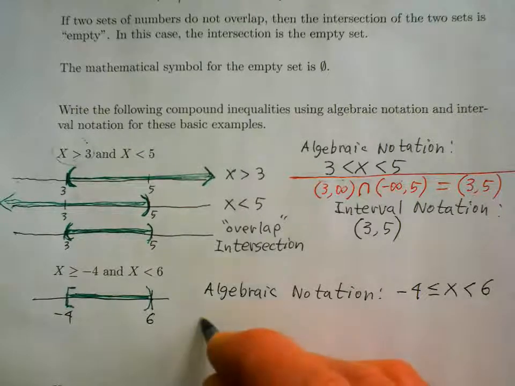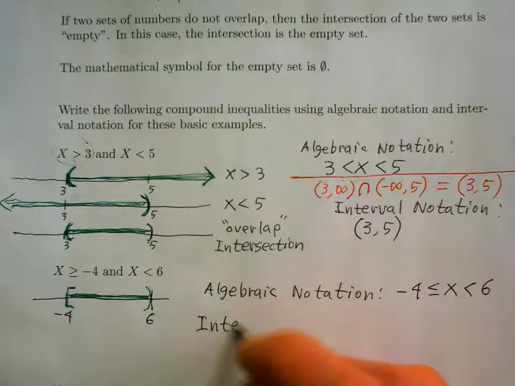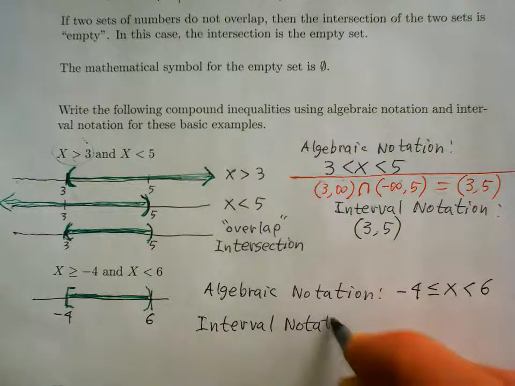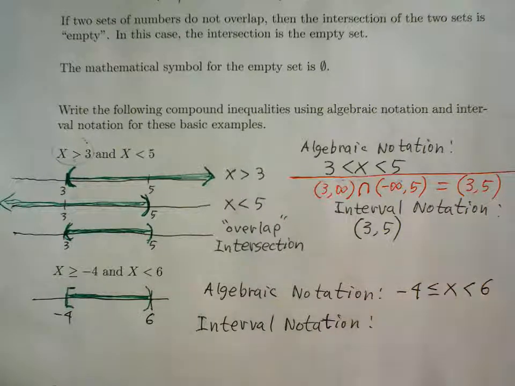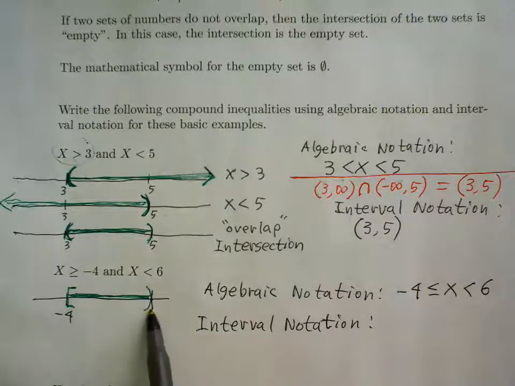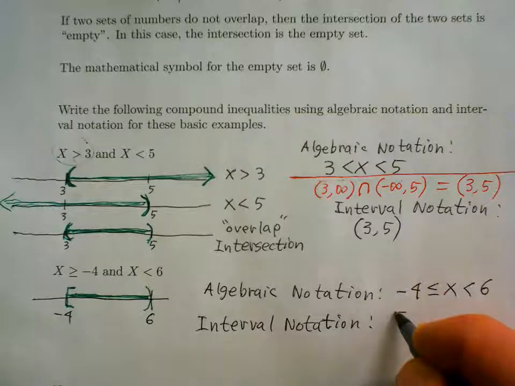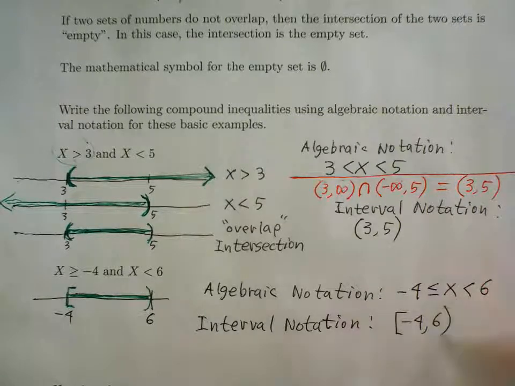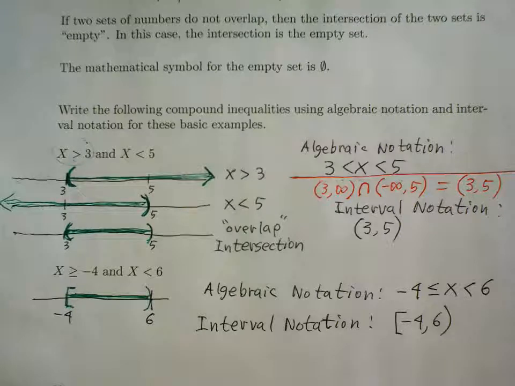And then the interval notation, once again, if you graph the solution set, to me, that helps me know what the interval notation is. I just put a bracket, -4, 6, parenthesis, for the interval notation.